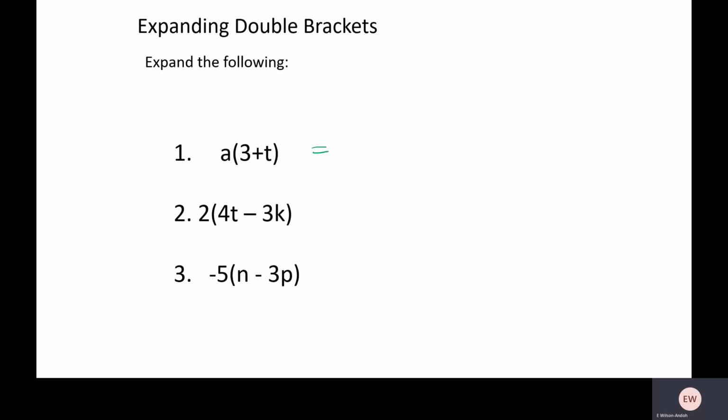So it's going to be A times 3 plus A times T. And when you are multiplying a variable by a number, you put the number first. So this will give us 3A plus AT.